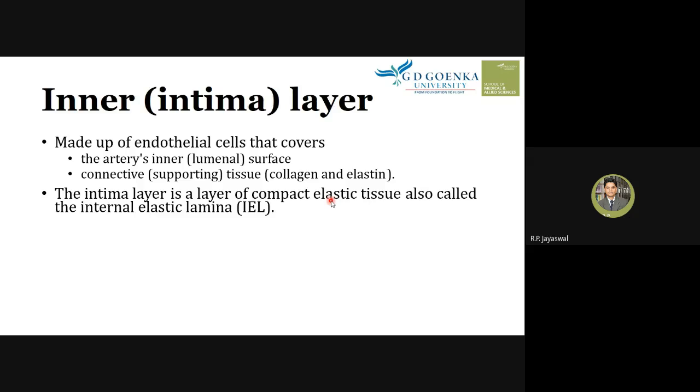So when the internal blood pressure is increased, the pressure inside the blood vessel, this elastic tissue may protect the arterial wall from rupture and breakage. So damage because of high blood pressure can be prevented by the presence of elastic tissue in the inner layer.